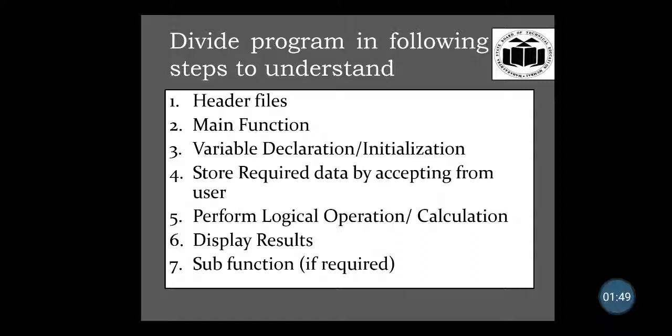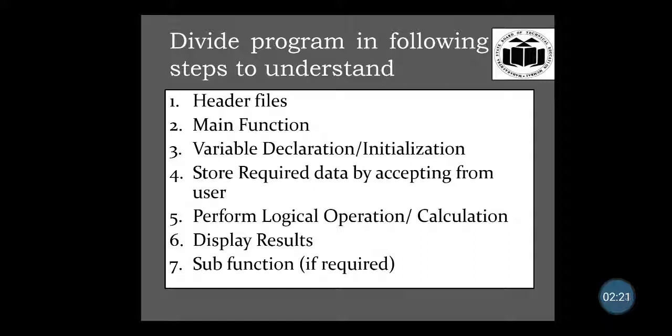Third step, you have to declare or initialize the required variables in your program as per the requirement. Fourth step, we have to accept data from the user that will be required for calculation purposes. Fifth step, we have to do logical operations or calculations, which we display in the sixth step.